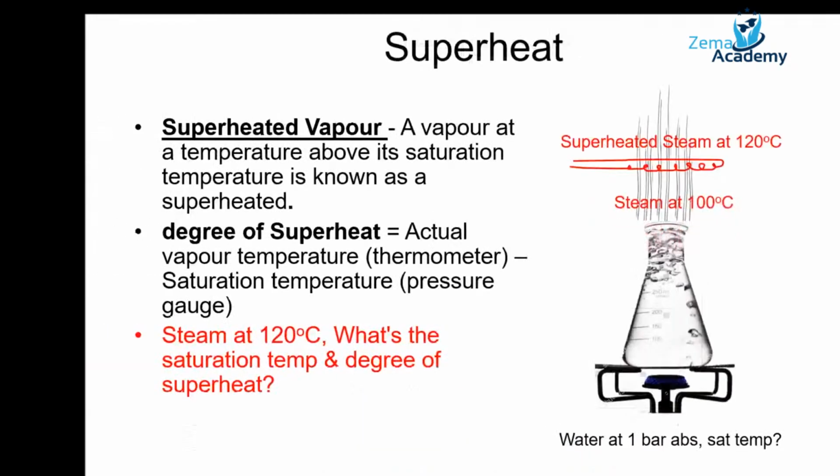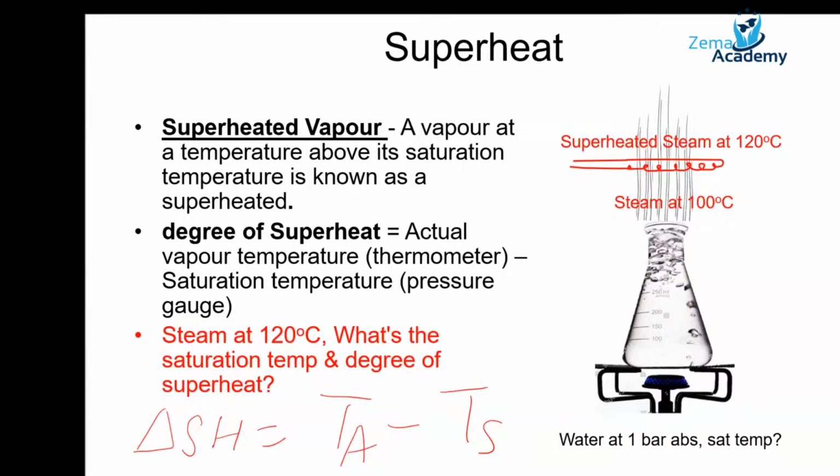Other terms that we will come across is superheated vapor. Superheated vapor refers to vapor at a temperature above the saturation temperature. And we can calculate the degree of superheat: degree of superheat is equal to actual temperature minus Tsat. One example: we have water boiling.